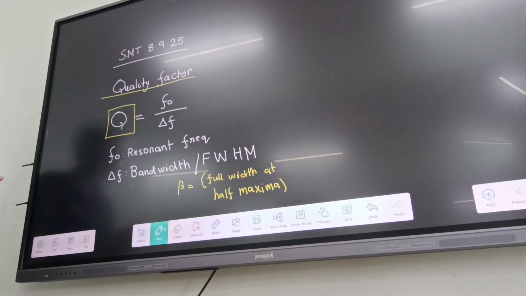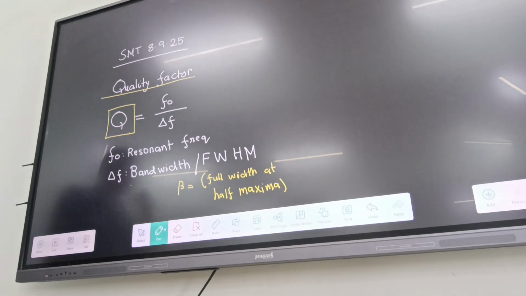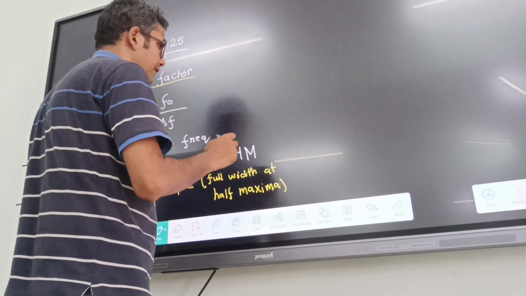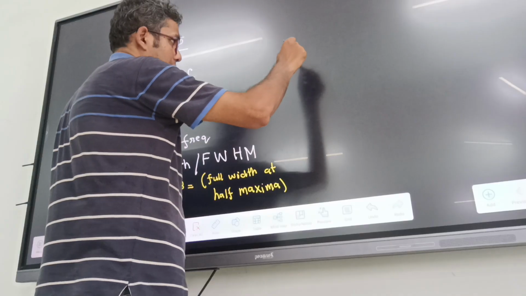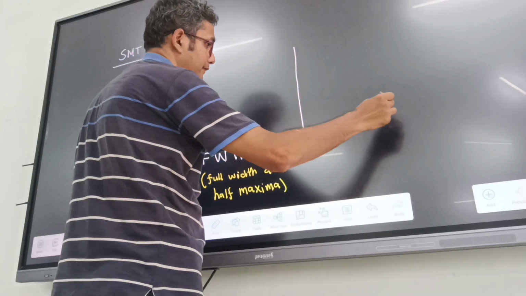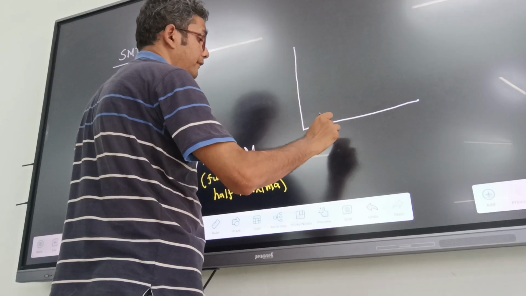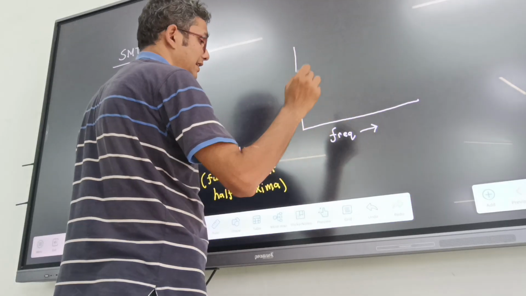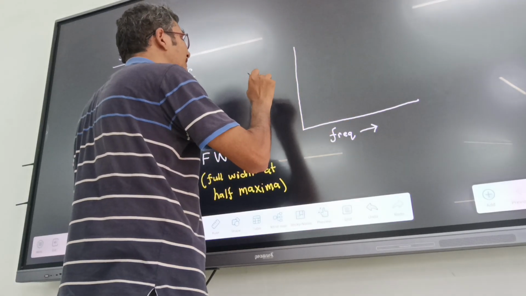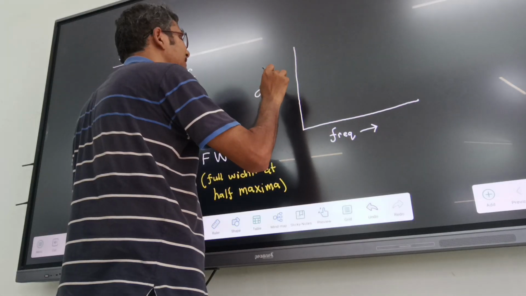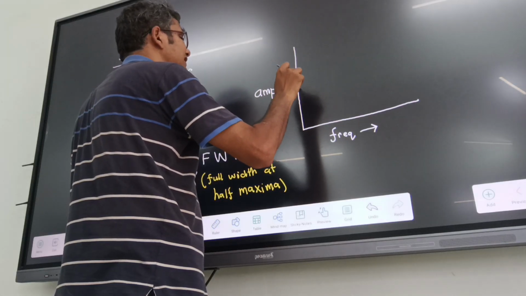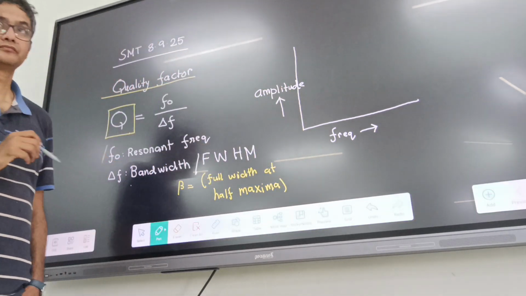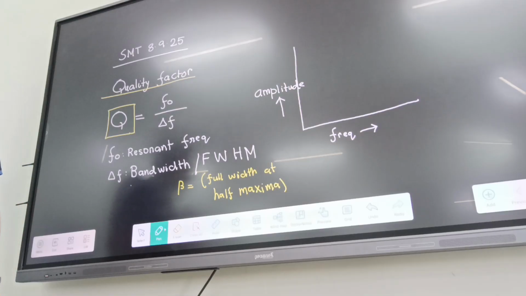So graphically, how can I explain it? Graphically, suppose you have a graph where you have frequency on the x-axis and amplitude on the y-axis. You have output for two sensors.